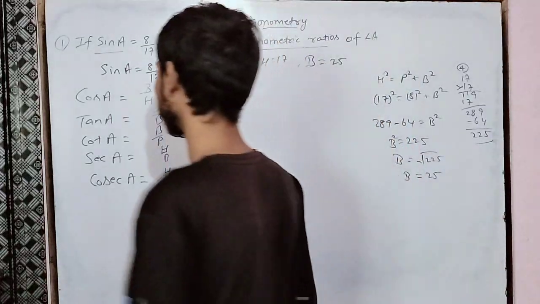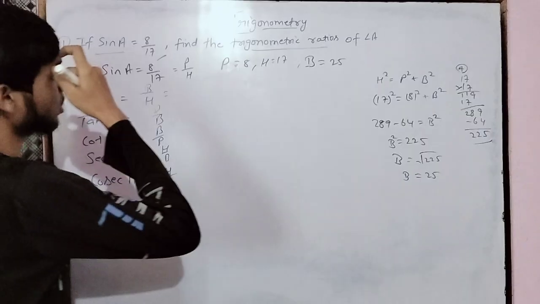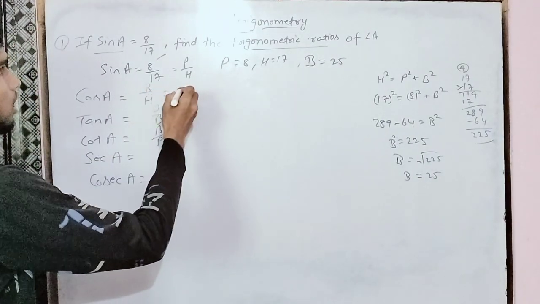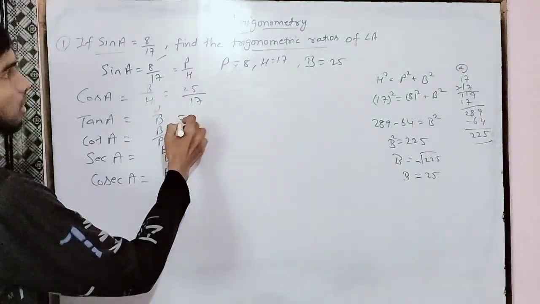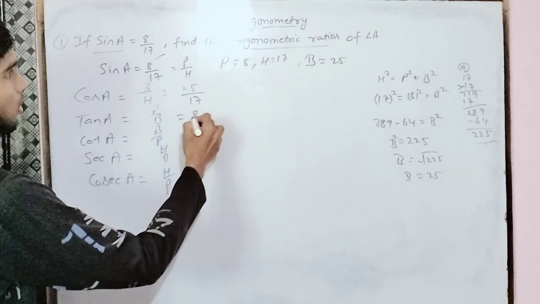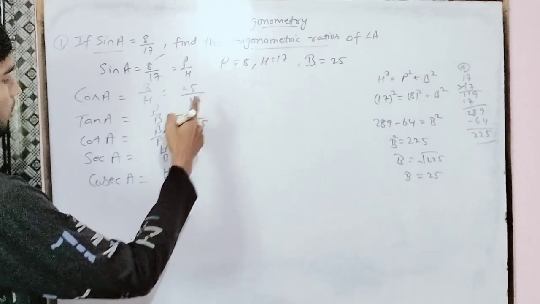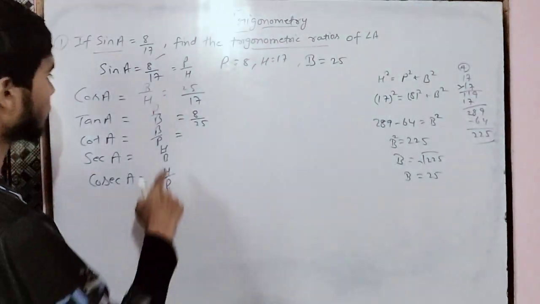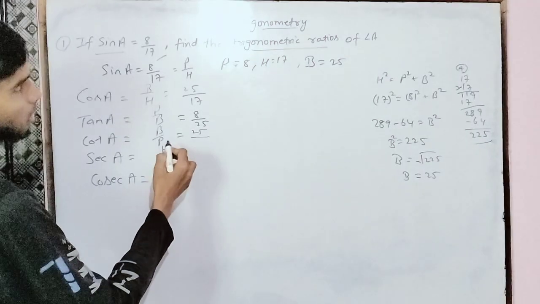So yeah, now we will have to substitute the values. Here B is 15, H is 17, in this P is 8 and B is 15. Here B is 15 and P is 8.